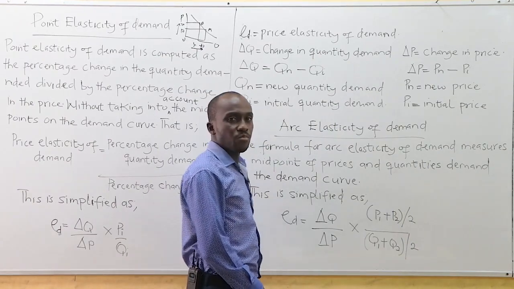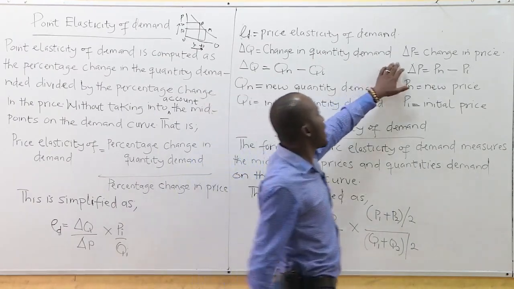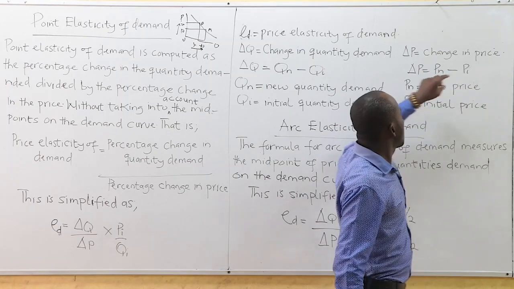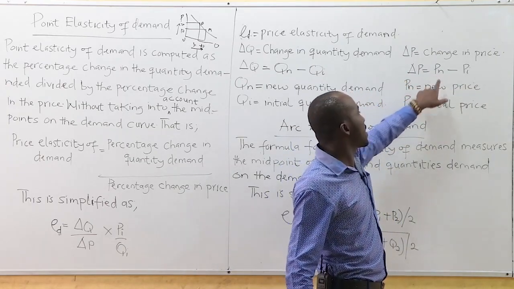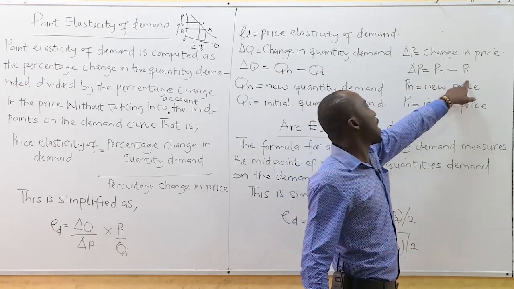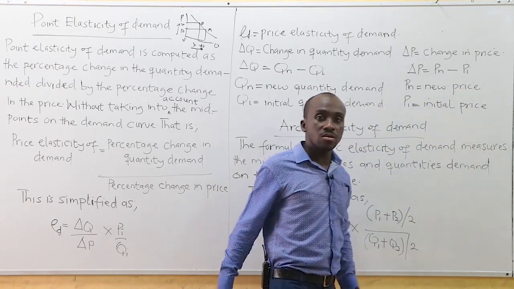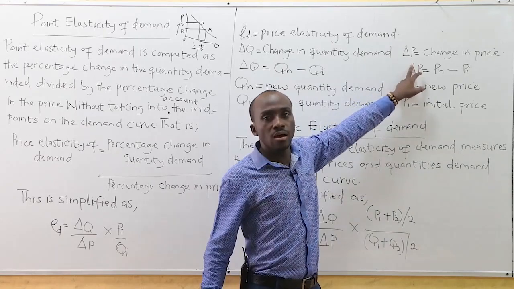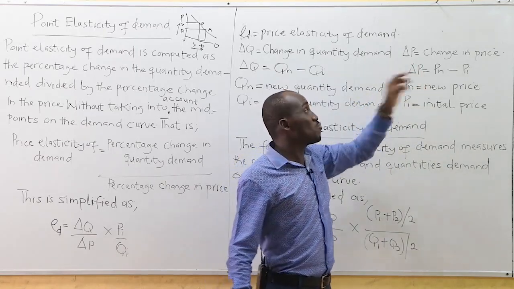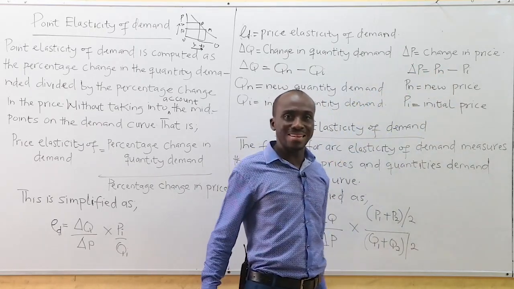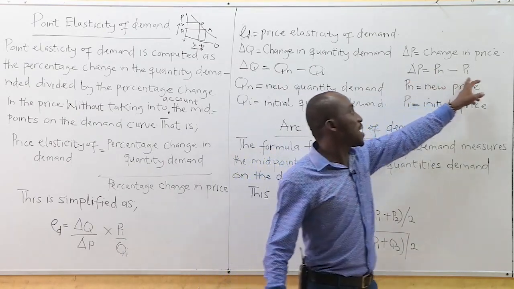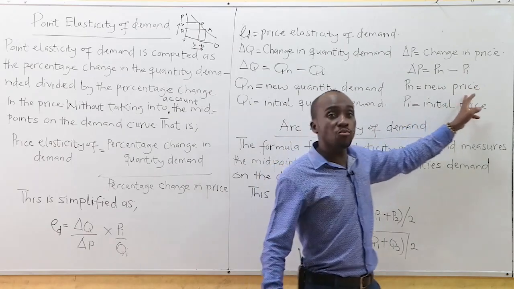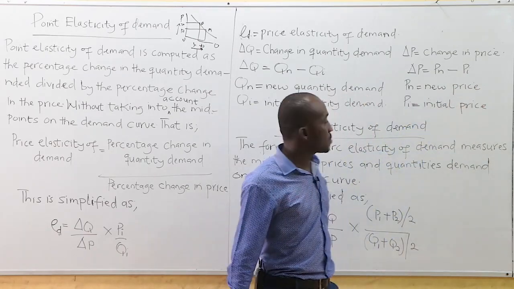The delta P here is change in price, and it is Pn minus Pi. What is Pn? The new price. And Pi, what is Pi? Initial price. So the delta P here, what is called change in price, mathematically can be written as Pn minus Pi. Pn is the new price, Pi is the initial price.